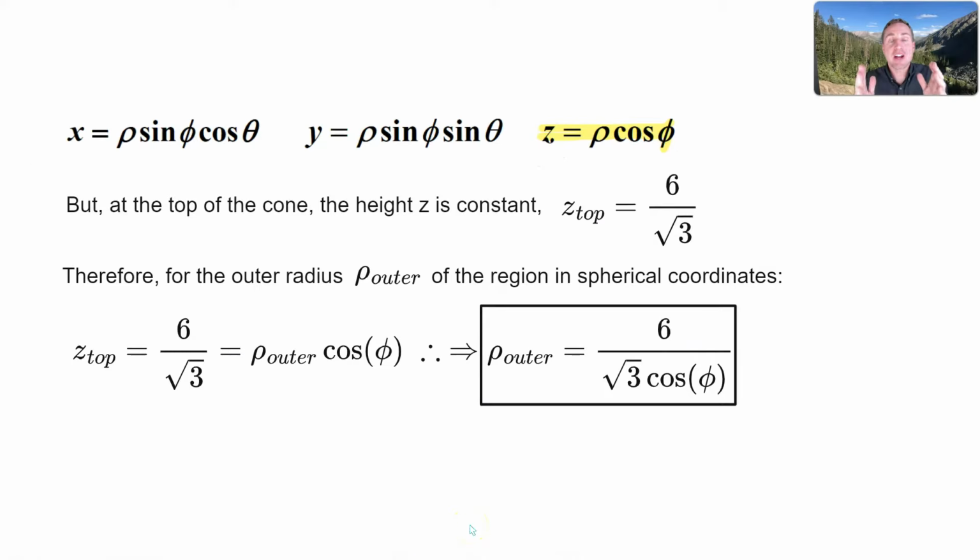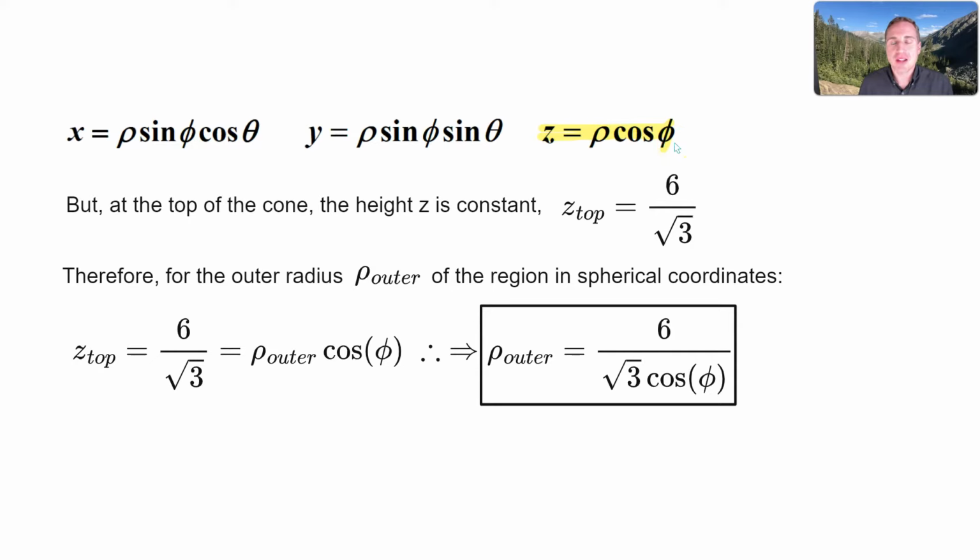So the last thing I'll say, the last word on this video, is that we can find the spherical radius rho as a function of phi, the declination angle, if we use the following equations for spherical coordinates. That is, we know x equals rho sine phi cosine theta, y equals rho sine phi sine theta, and z equals rho cosine phi.